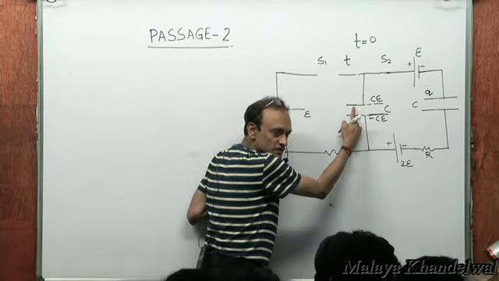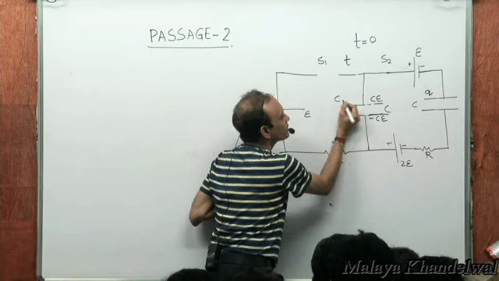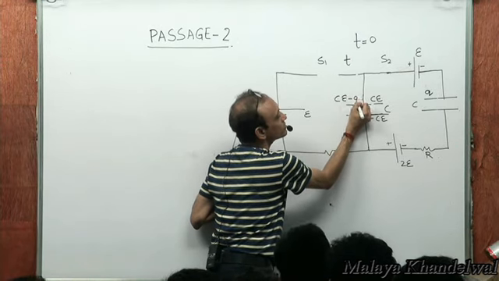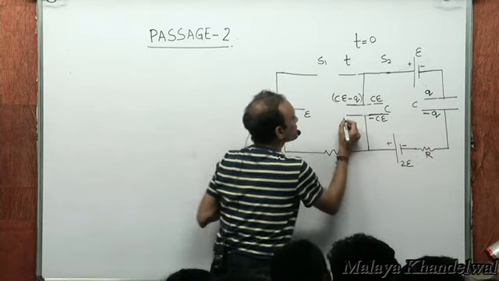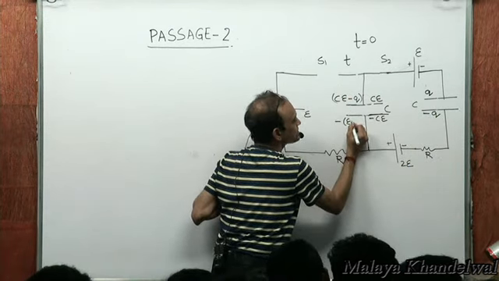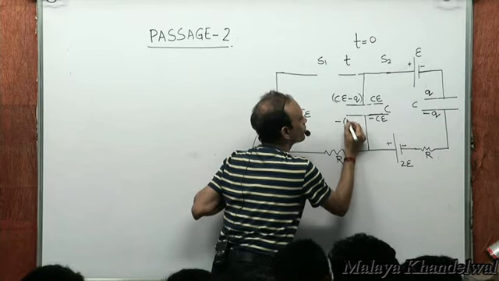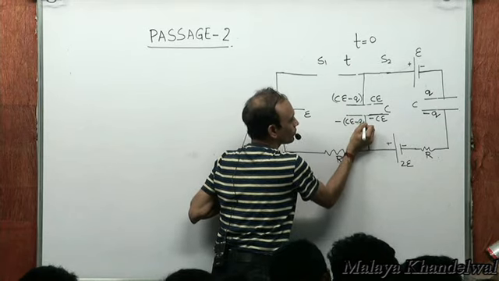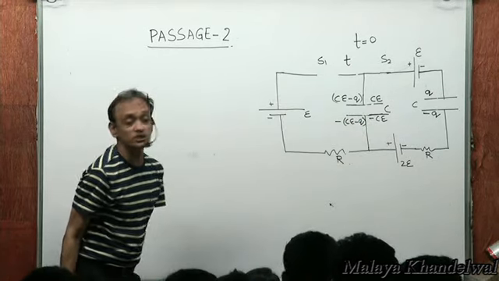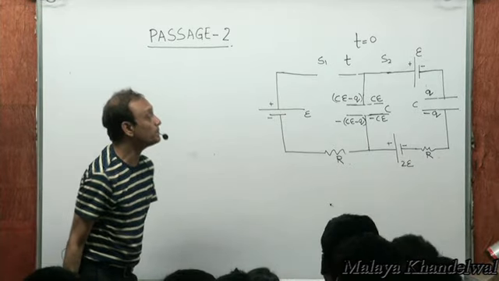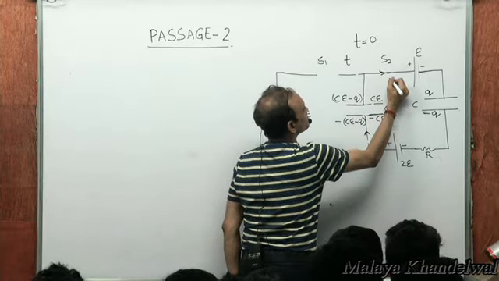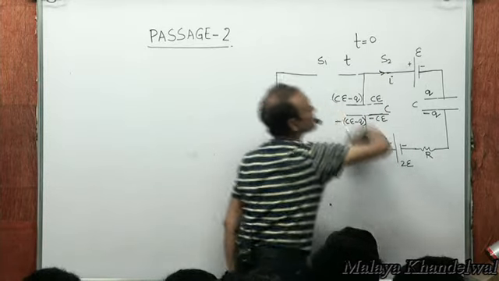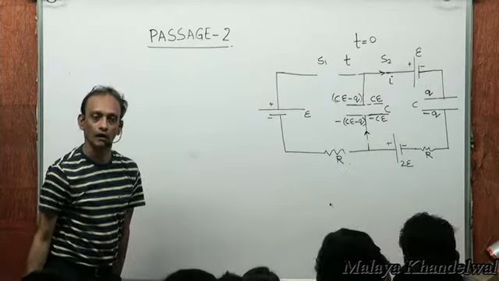Obviously at the expense of this, the charge on this would have been C epsilon minus q. This then would have been minus q, and this would have been minus C epsilon minus q. Yes or no? That would be the charge disposition at an instant of time t. And say the current in the loop at that instant of time is I.